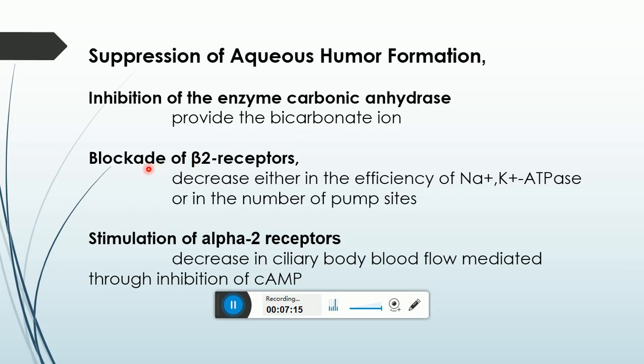The second is blockade of beta 2 receptors, which decreases either the efficiency of the sodium potassium ATPase or the number of pump sites. The third is stimulation of alpha 2 receptors, which decreases ciliary body blood flow through inhibition of cAMP. These drugs are very commonly used.